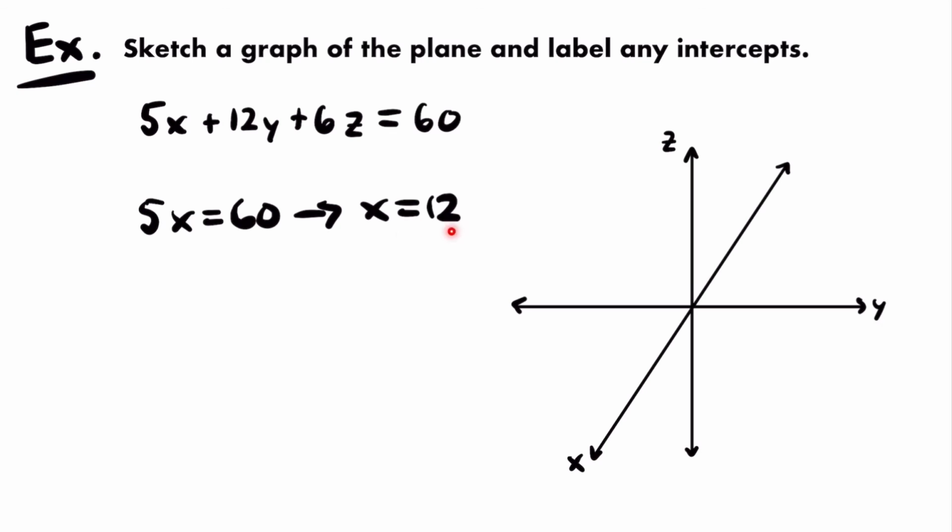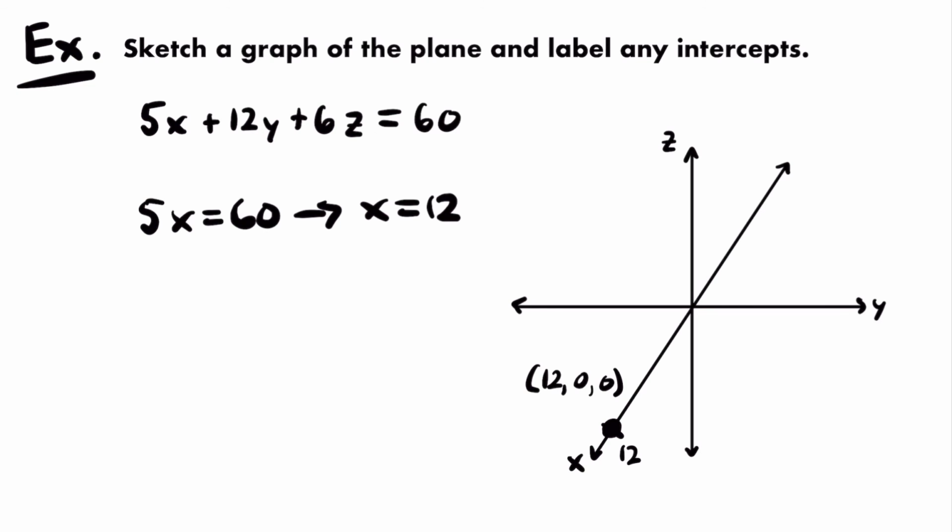And so at x equals 12, this plane that we want to sketch will cut through the x-axis. So I'm just going to say that this right here is x equals 12, which means that if we put a point right there, that would be the point 12, 0, 0. That is the x-intercept for our plane. And now let's see if we can find the y-intercept and z-intercept as well. If we want to find the y-intercept, we want to set both x and z equal to 0 and solve for y.